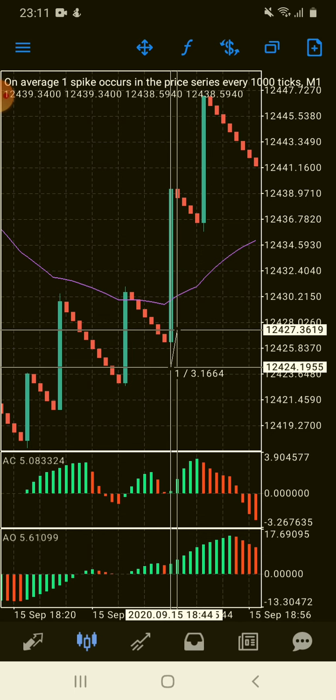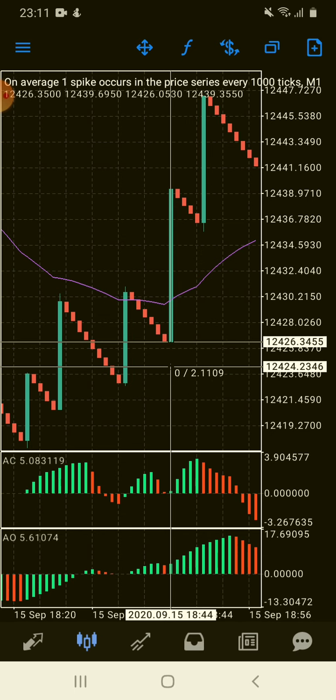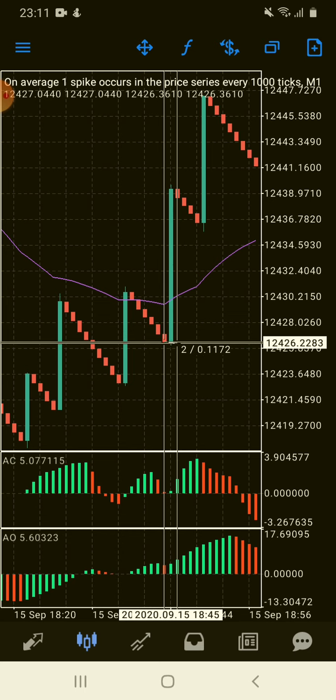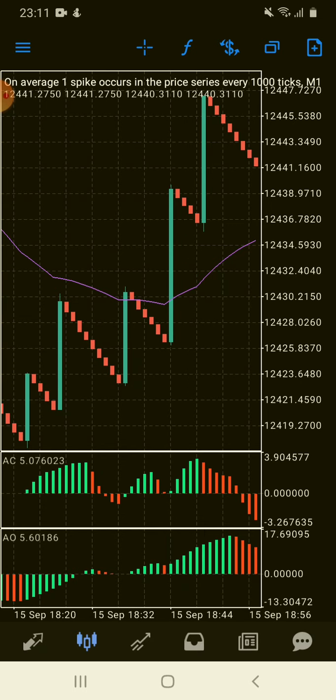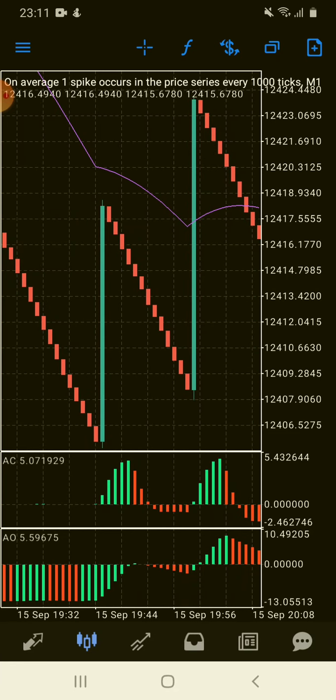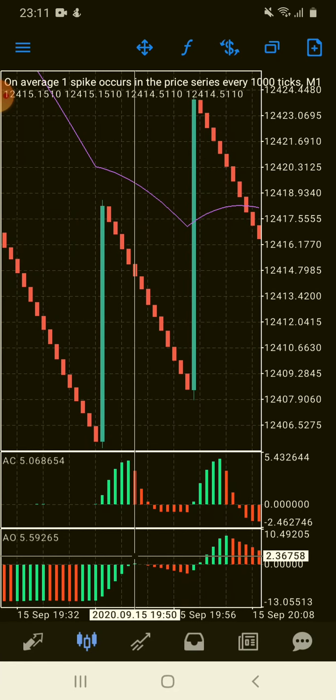You know what I'm saying? So yeah, you can take the trade. I'm not stopping you from taking the trade, but it's a matter of precaution. Because if something like this happens again, you don't want to be caught with a spike. Okay, we wait for a trend again, and there's another one, but we don't take it.